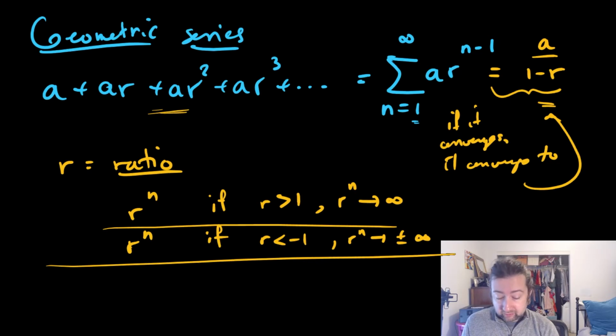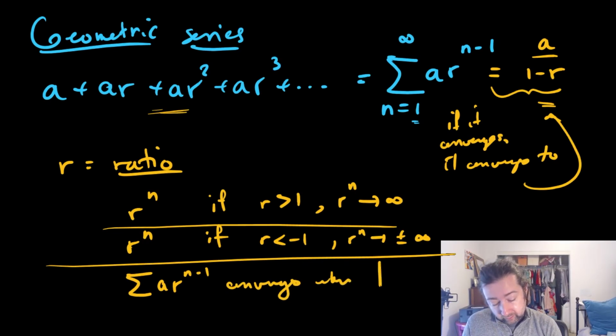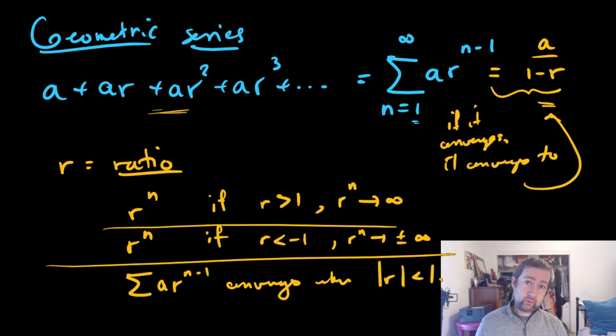And so the upshot here is this sum can only converge when the absolute value of r is strictly less than 1. If r is between -1 and 1, then when I start taking powers of fractions that are smaller than 1, they go to 0.